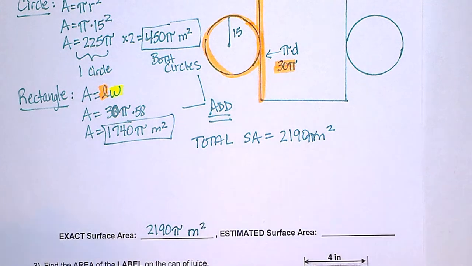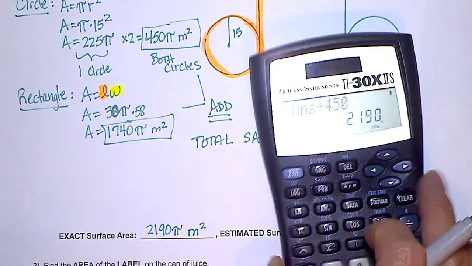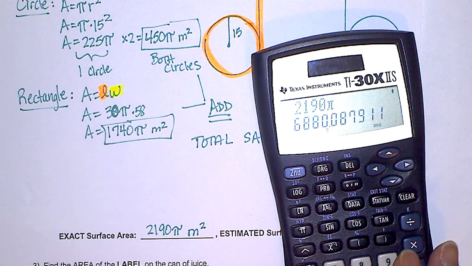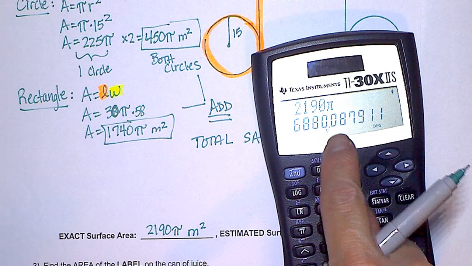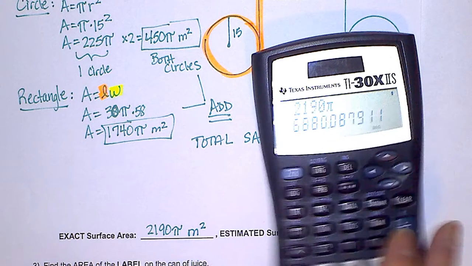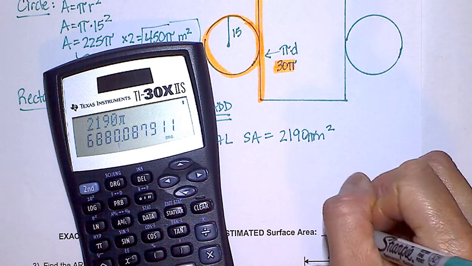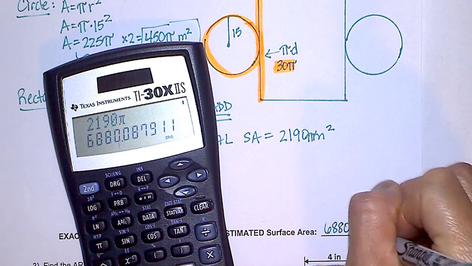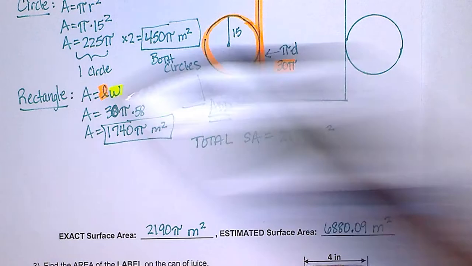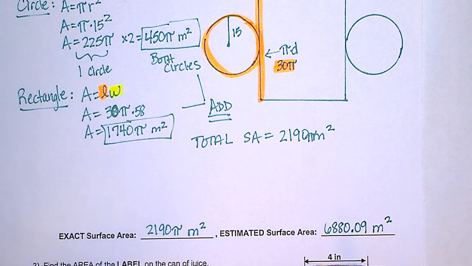And to change it to the estimated, we're going to take 2,190 times pi, and it says measure to the nearest hundredth. So this is an 8, but there's a 7 next to it, so this is going to round up to a 9. So we get 6,880.09 meters squared.